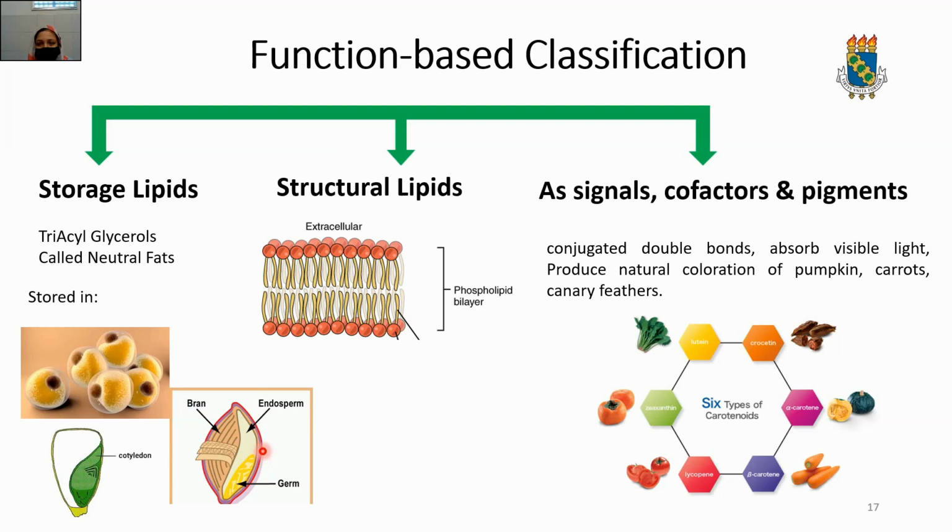In case of pigments, if we define further why they are serving as pigments, it is because of the presence of conjugated double bonds in their structure. They absorb light and produce different colors of the spectrum. Like you can see it in the form of lycopene, which is a pigment present abundantly in the tomato.